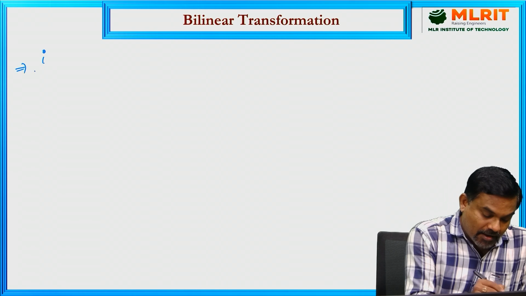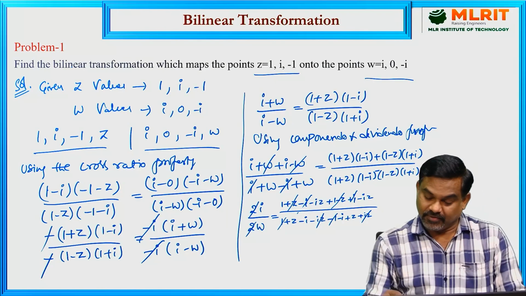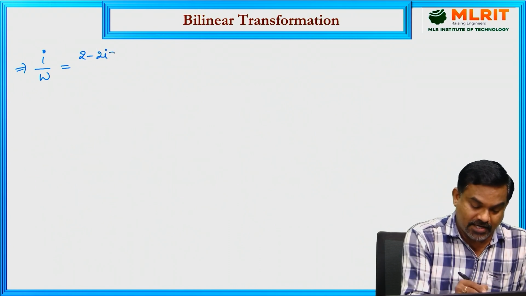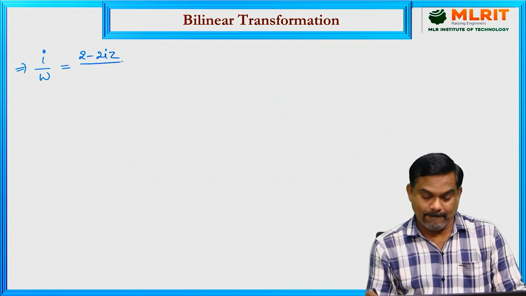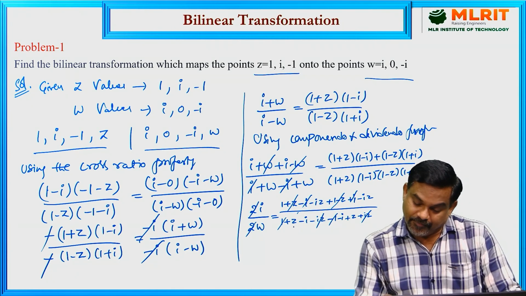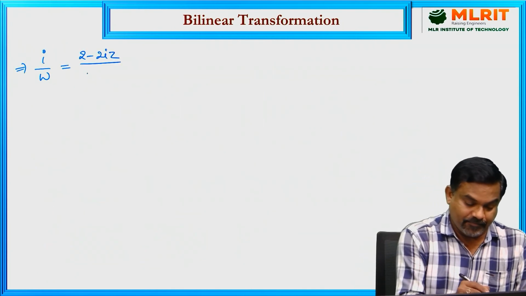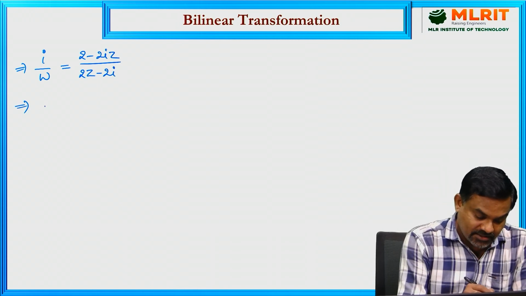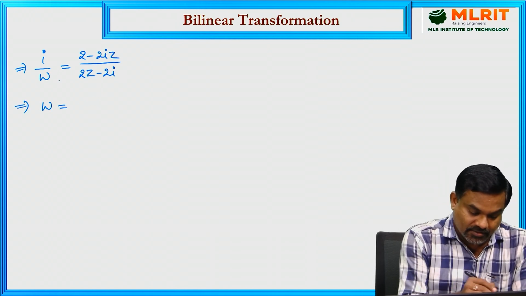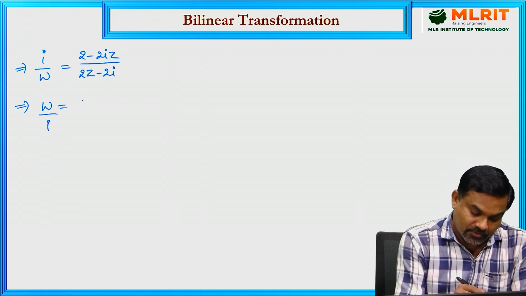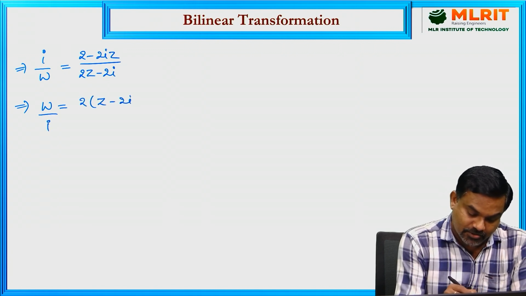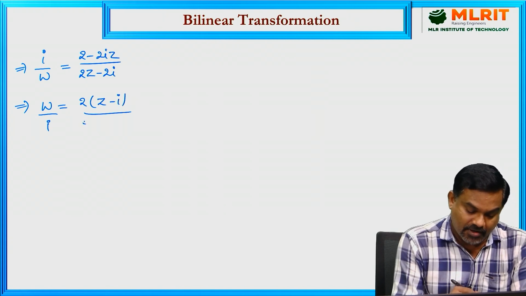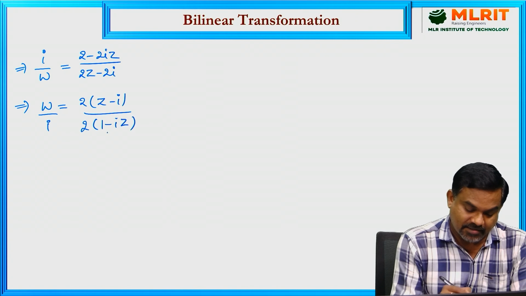So we get i/w equal to, now what else is remaining here? 2 minus 2iz by, in the denominator, 2z minus 2i. So that implies w/i equal to 2 common here, (z − i), and 2 common, (1 − iz).